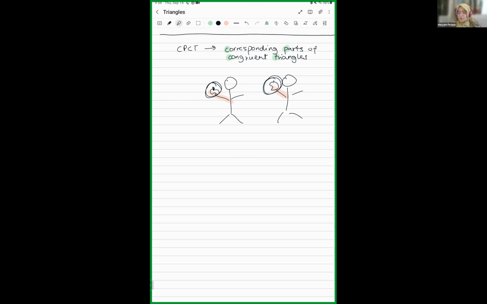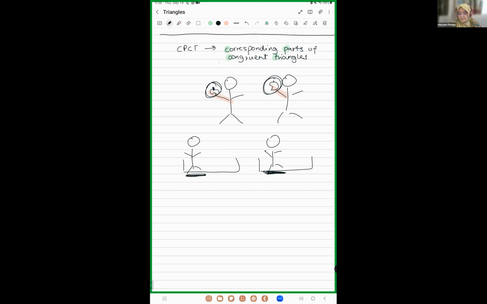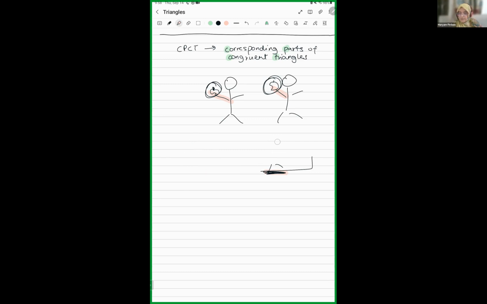So you are standing in your balcony, and your friend is also standing in his balcony, in the same spot in your respective balconies. So these are corresponding parts of these balconies. This part is corresponding with this part. Did you get it? Abdul Jabbar, is it clear? Yes, sir. Are you sure?